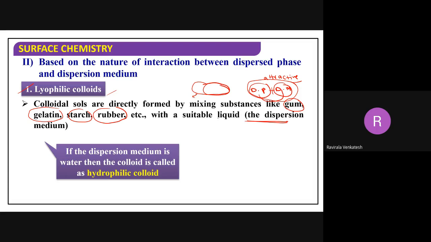Gum, gelatin, starch and rubber come under lyophilic colloids. They can be dissolved in a suitable solvent, that is, the dispersion medium.